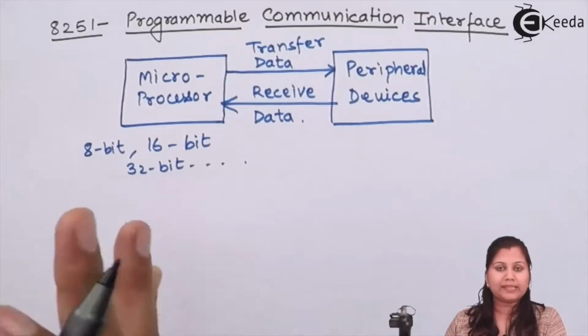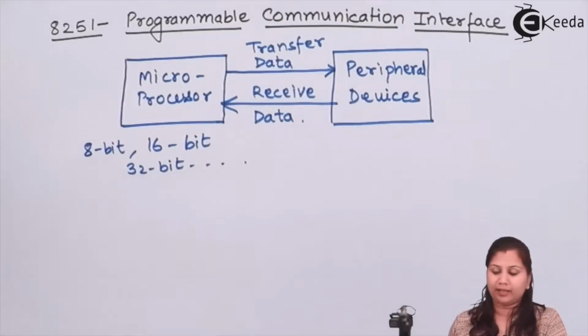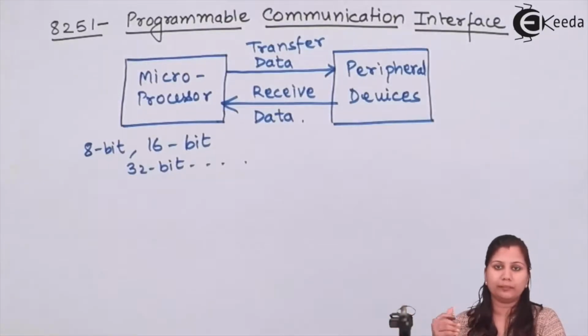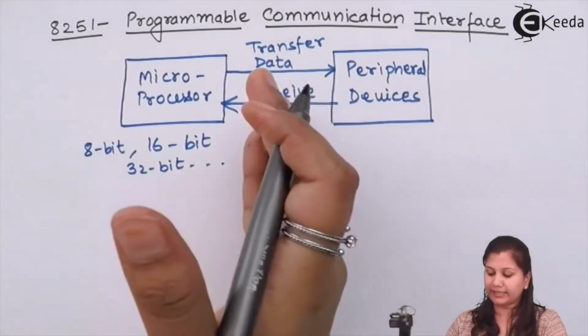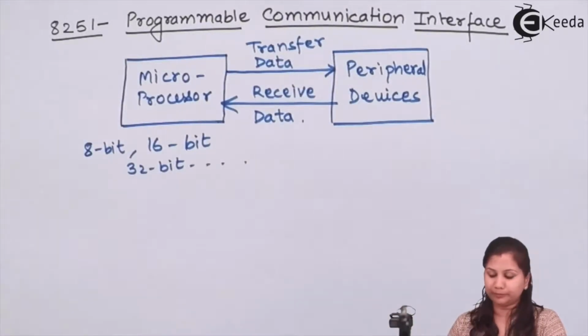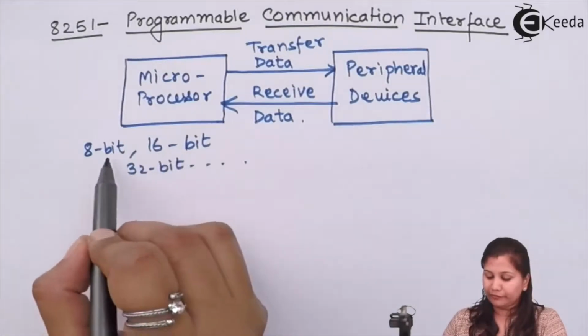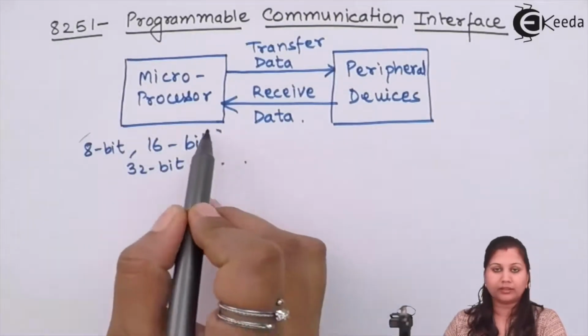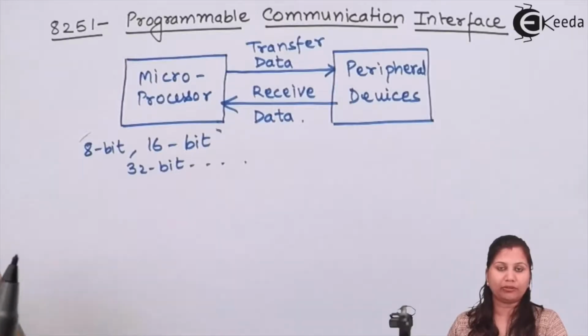So this 8-bit, 16-bit or 32-bit data has to be transferred over a long distance to the peripheral devices. Also, if the peripheral devices are sending the data, then that data also has to be transferred.